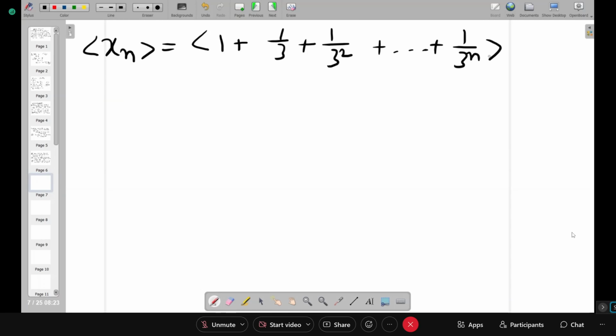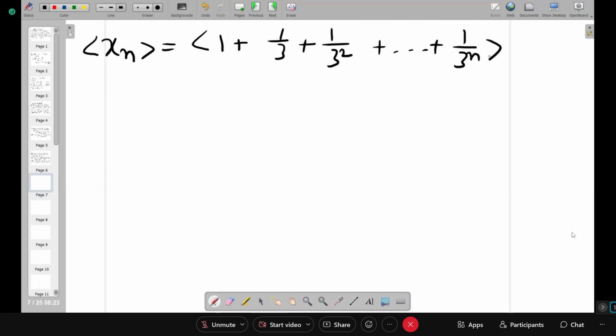So to show that this sequence is convergent, you have to show that this is an increasing sequence where a bounded above element exists. Then you can show this sequence is convergent.